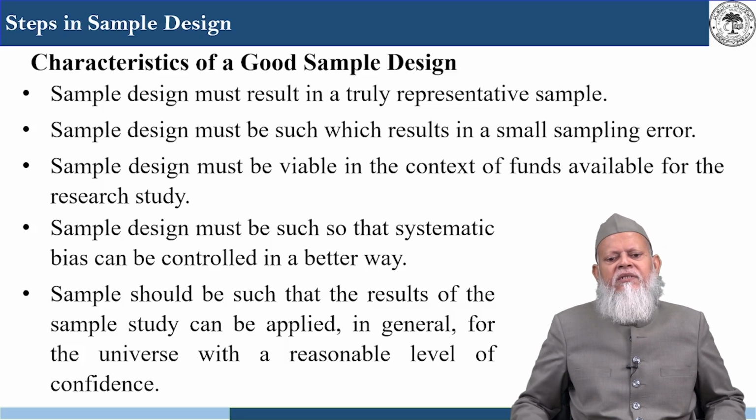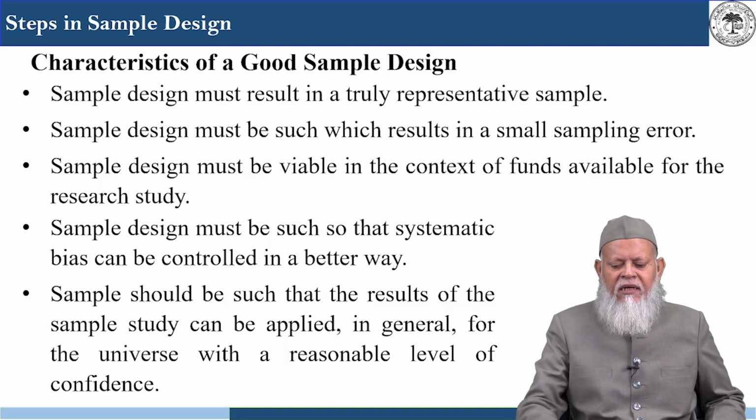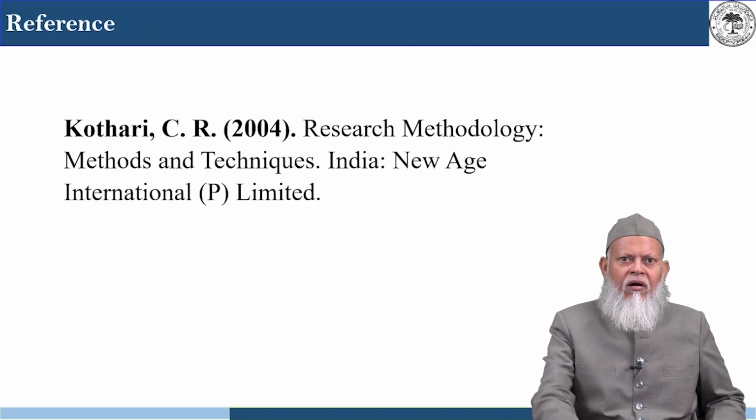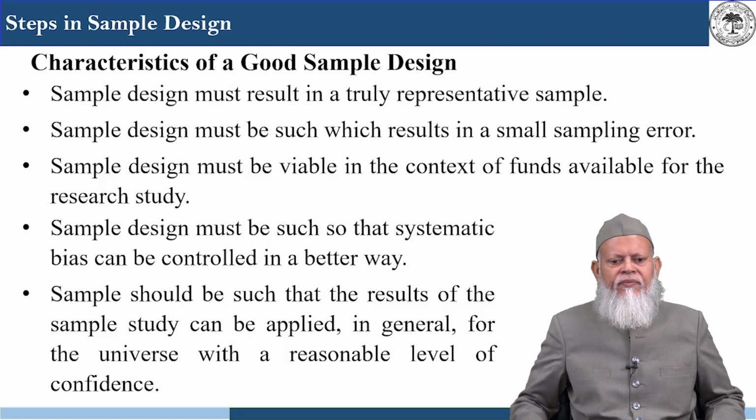The sample design must be such that systematic bias can be controlled in a better way. This bias is very important because it goes on from beginning to the end, and so the sampling design has to take care of this also.